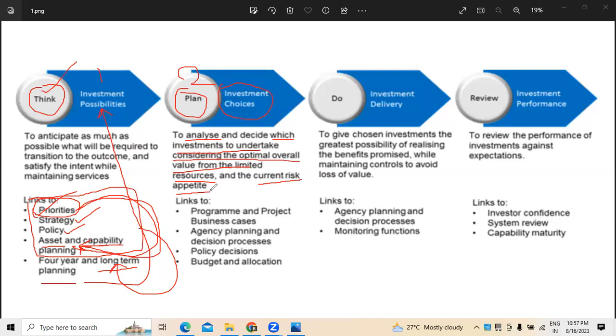I will go slightly away from this topic and explain current risk appetite with an example, because this is important for you to understand. For example, have you ever met any financial planning advisor?